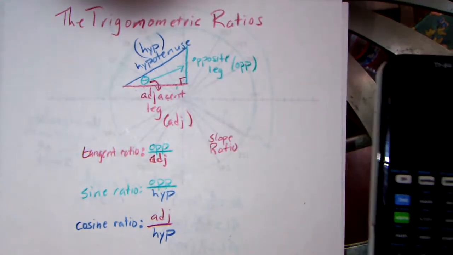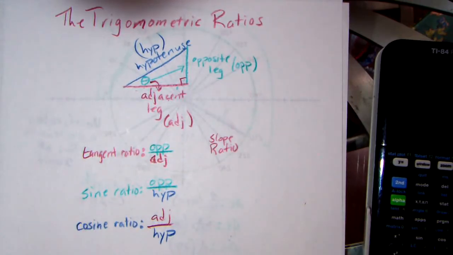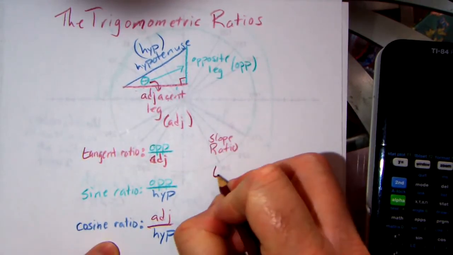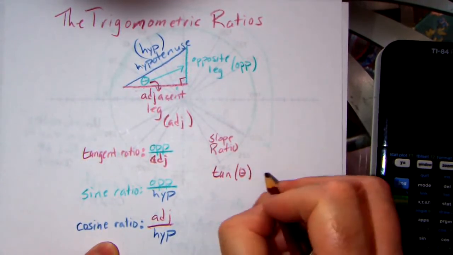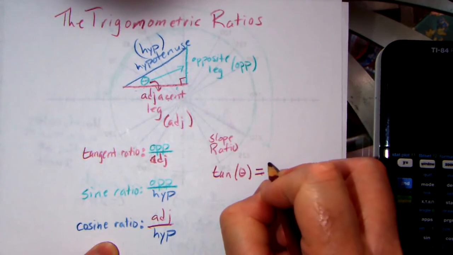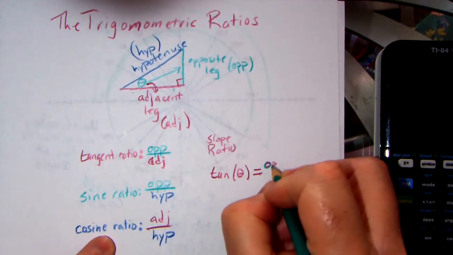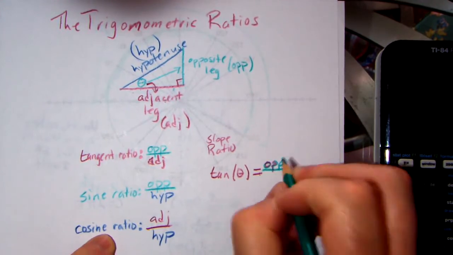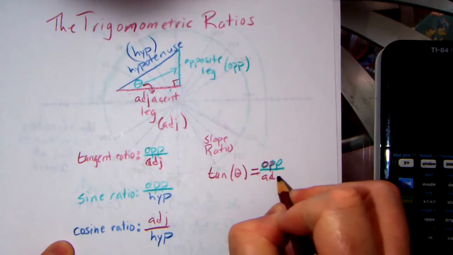And so when we're referencing these things, we're going to look at it as the tangent of angle theta is the, I can do this in color, opposite leg divided by the adjacent leg.